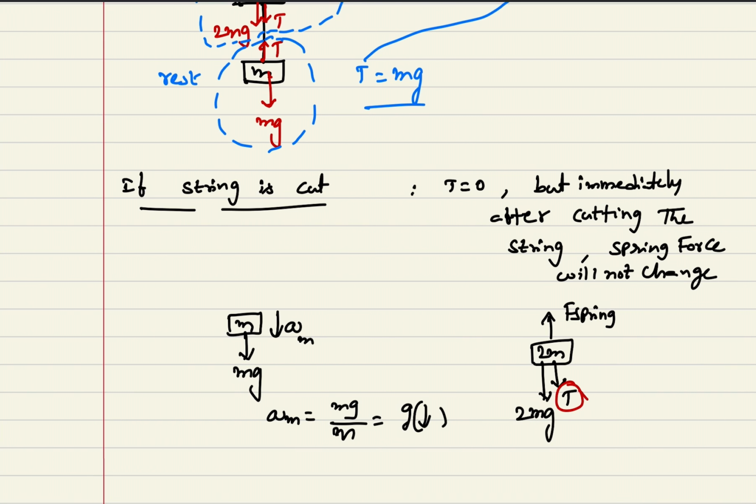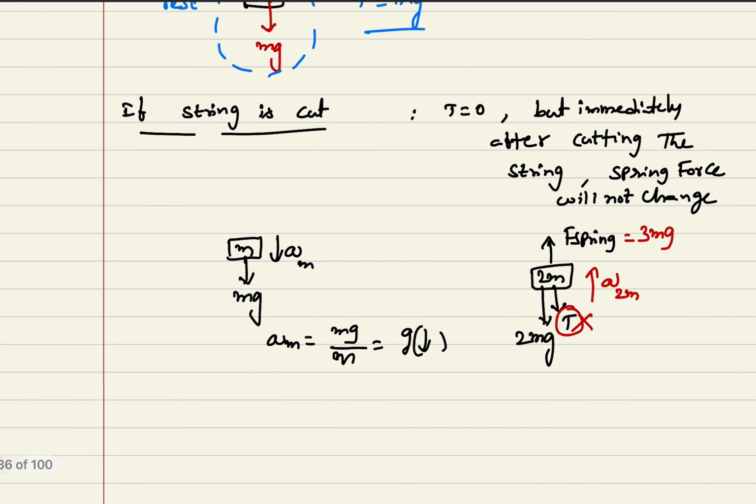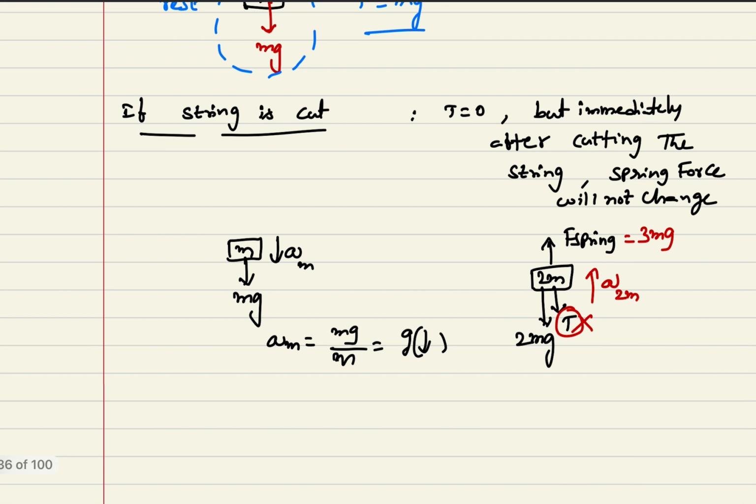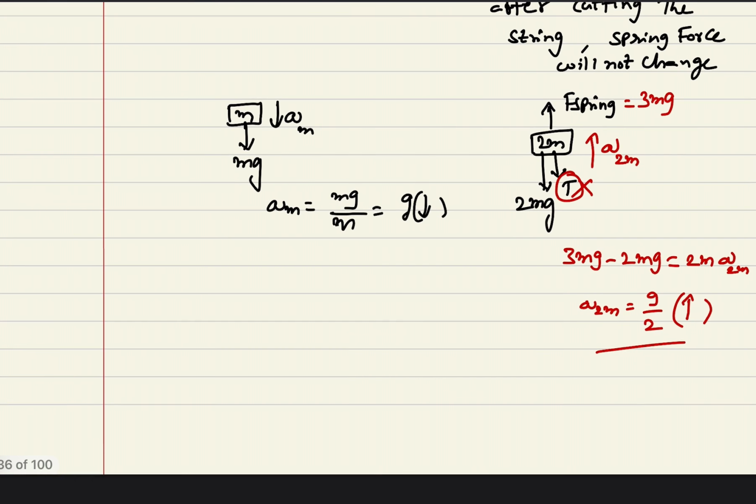As the string is cut, the tension is not there. Overall, the spring force is upward, 3mg, so the block of mass 2m will go in the upward direction. So 3mg minus 2mg is equal to 2m into a. Finally we get the acceleration of the 2m block equal to mg divided by 2m, that is g by 2, and it will move in the upward direction.